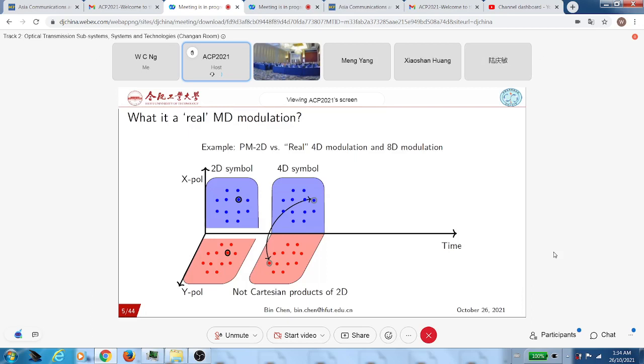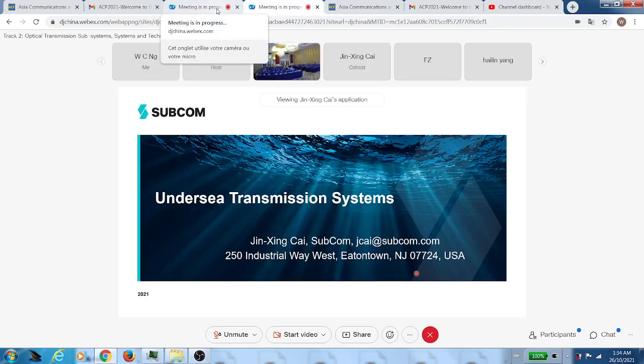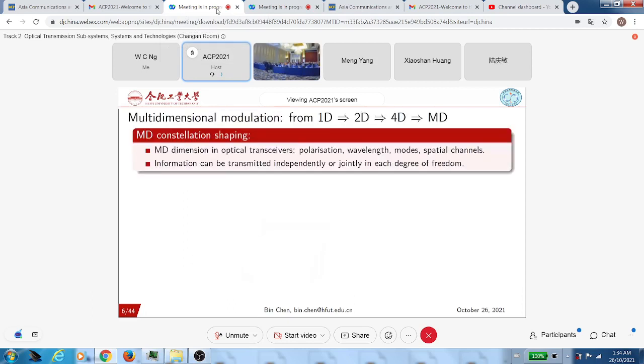If you can find the Cartesian product in the 4D constellation, it's not a 4D constellation format. We can also extend this definition to 8D, 12D, or even higher dimensionalities by using different dimensions. And back to optical communication.